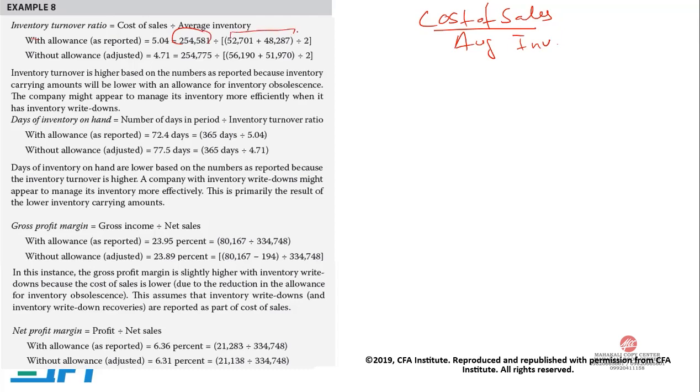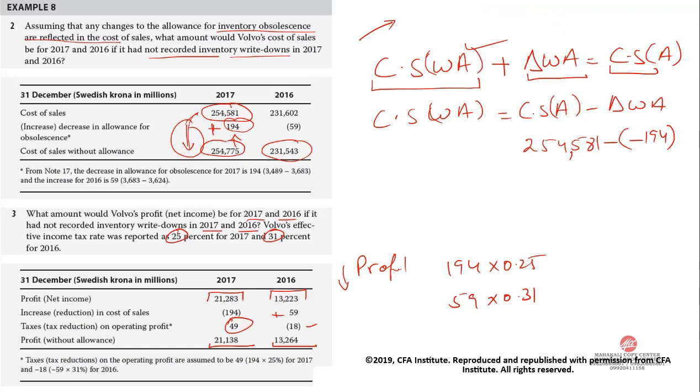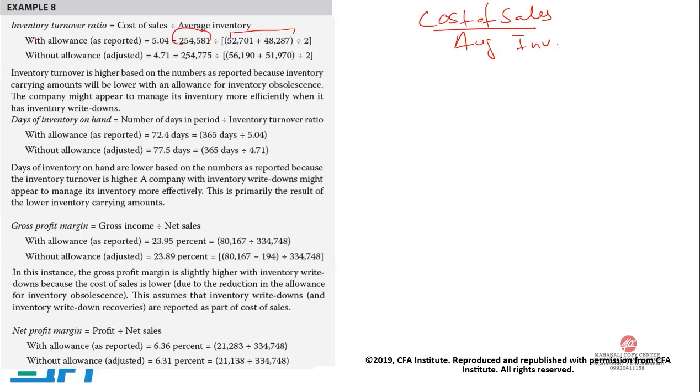If you go back and see, our cost of sales was 254581, and without allowance it is 254775. So over here we have 254775, and these are our inventory and these are our turnover ratios.